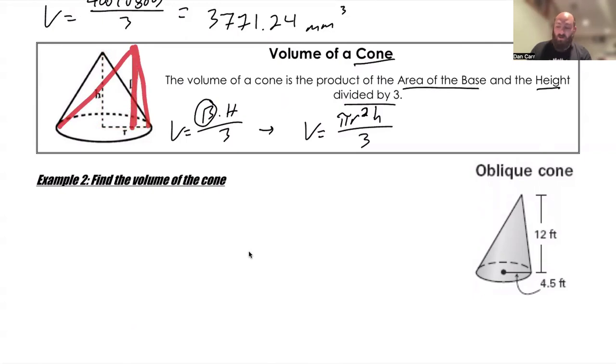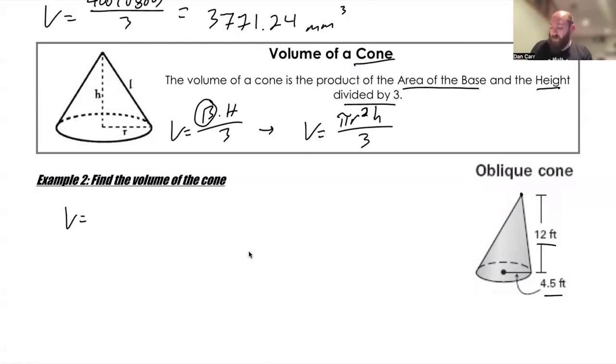The height of that cone is not right over the center of that circle. In terms of our volume, that has no effect. The oblique cone is still going to have a height of 12 and a radius of 4.5. It doesn't matter if we move the point around, it's still going to be the same formula.